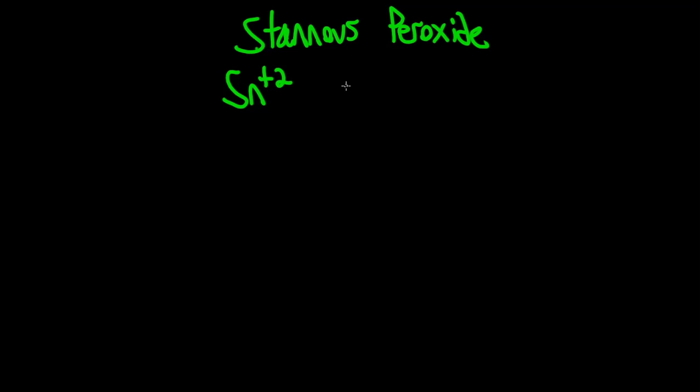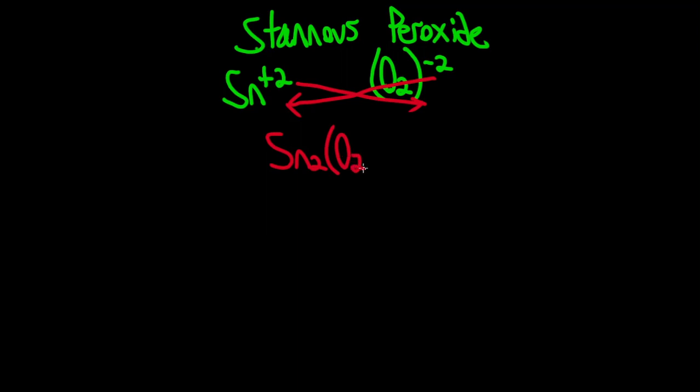All right, and our peroxide is going to be O2 with a -2 charge, and we do some crisscross action and get Sn2O2 with a 2, and I can cancel those out to get SnO2.